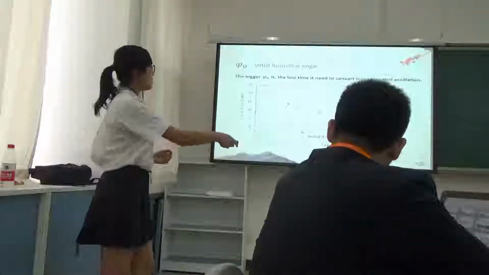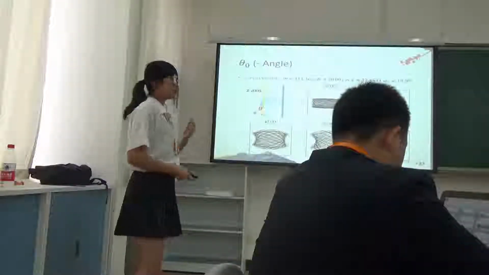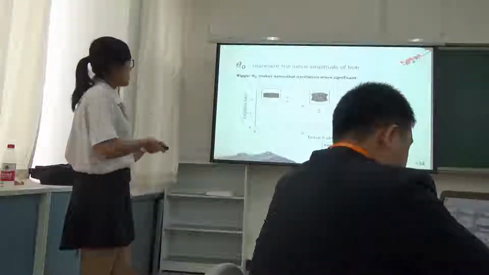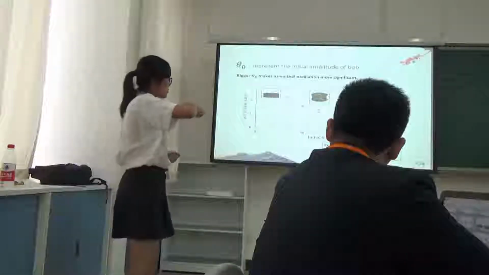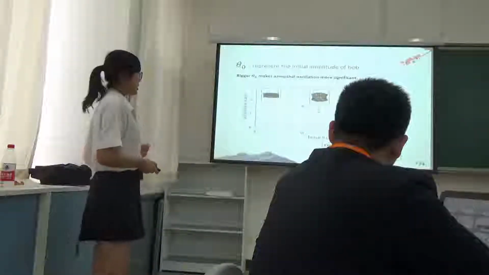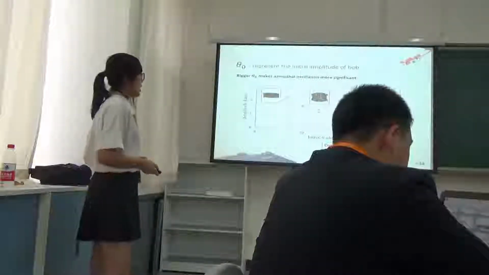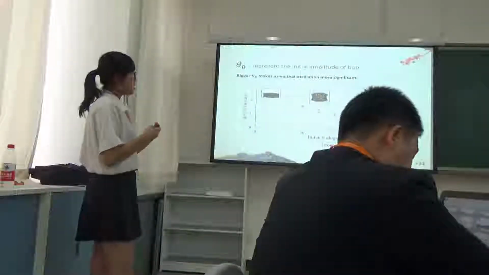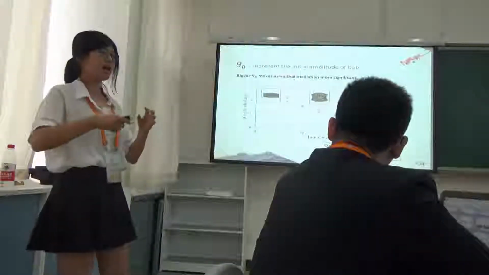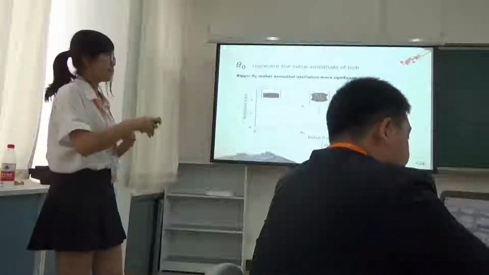And also we try to change different theta angle, where firstly, as the theta angle gets bigger, its amplitude ratio got smaller, which we believe is because the bigger theta angle will make the azimuthal oscillation more significant, because you have a greater force on the rod.